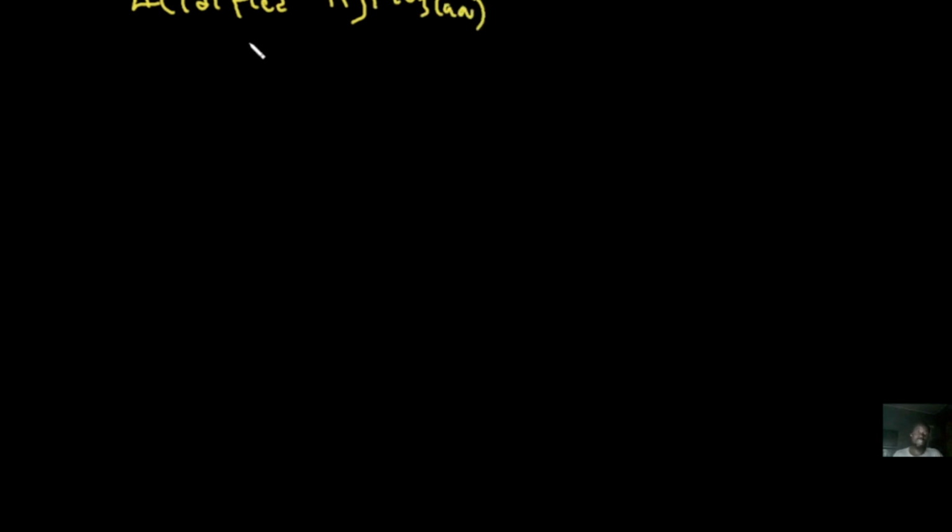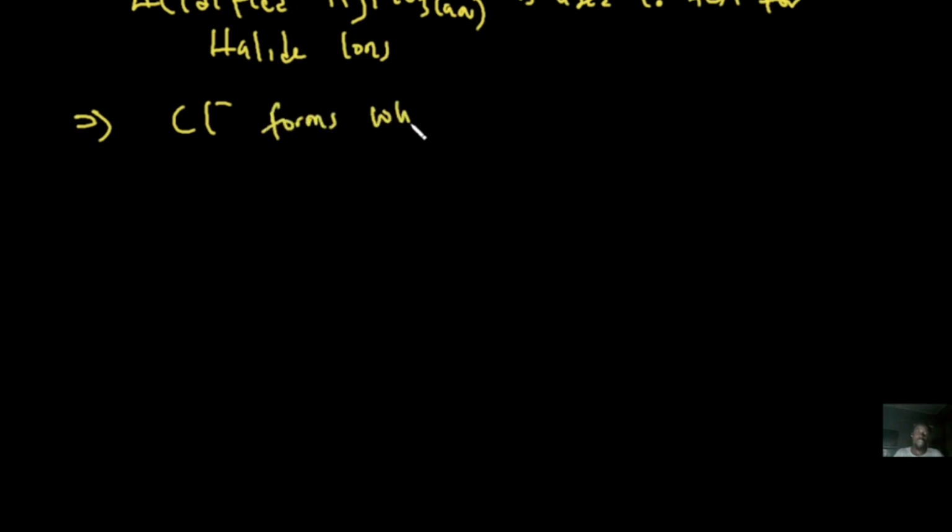So it is used to test for halide ions. So how does it work? Chloride ion forms white precipitate.